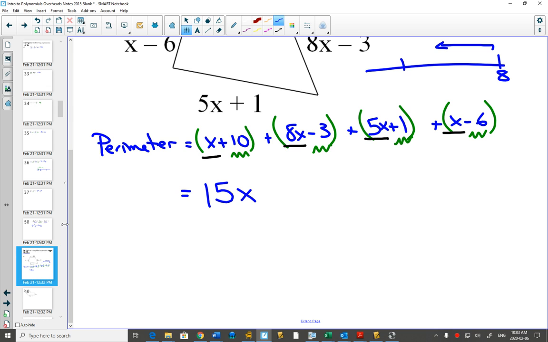And you'd get 2. So our simplified expression here is 15x plus 2. Okay? Now, if you had a calculator, if you were unsure about the math, you could do on your calculator the 10 minus 3 plus the 1 minus 6 and push enter.